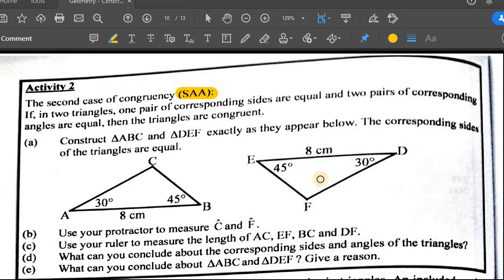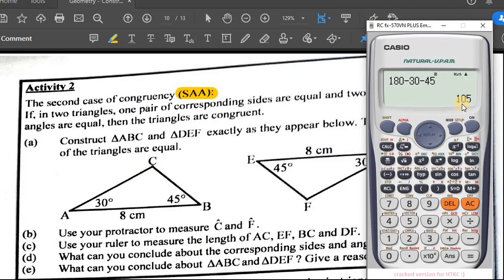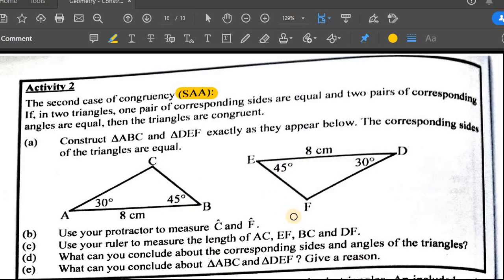The internal angles of a triangle add up to 180, so this would have been 105, and this here would also have been 105. They're asking you to construct this, and you physically measure that this is your 105.